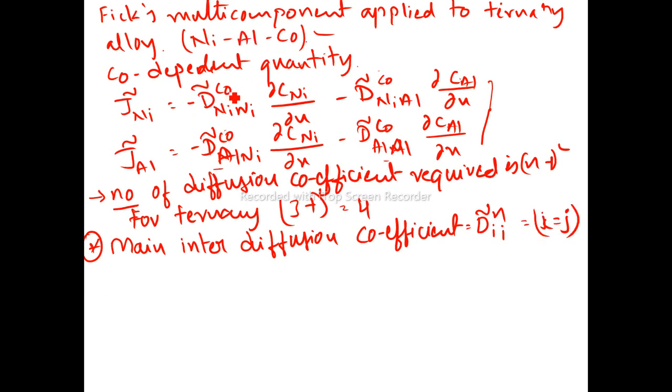That means here in our example, the coefficients with dependent variable cobalt for nickel, nickel and aluminium, aluminium are main interdiffusion coefficients.